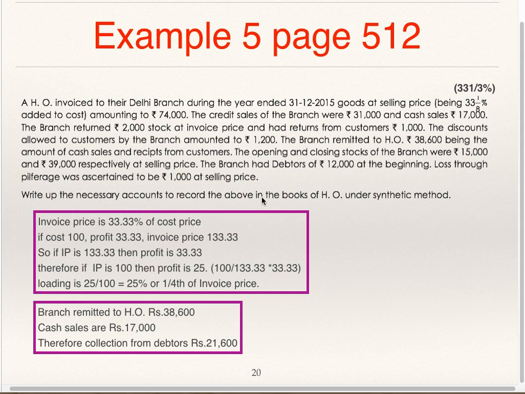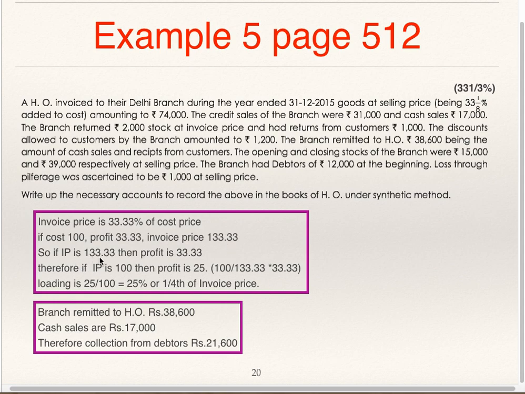Write up necessary accounts to record the above in the books of head office under synthetic method. This is the first method, the synthetic method, which is also known as debtors system or debtors method. Invoice price is 33.33% of cost price. If cost is 100, profit is 33.33 and invoice price is 133.33.